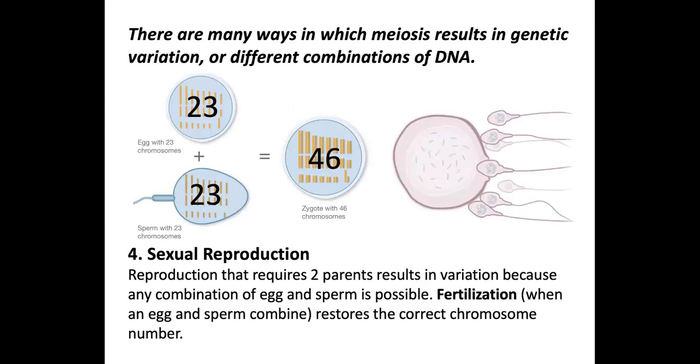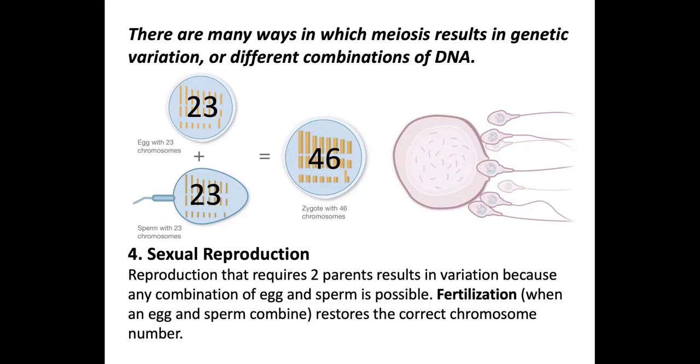Four is sexual reproduction. This is reproduction that requires two parents and it results in a variation because any combo of sperm and egg is possible. When sperm and egg join, this is known as fertilization. When fertilization happens, this is when we get the correct number of chromosomes.